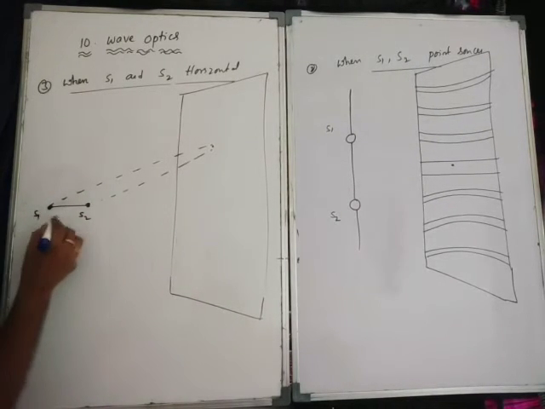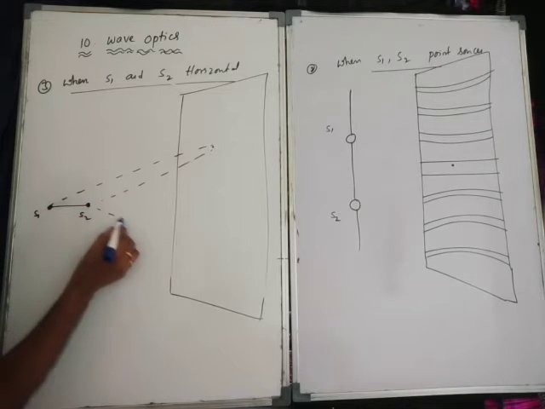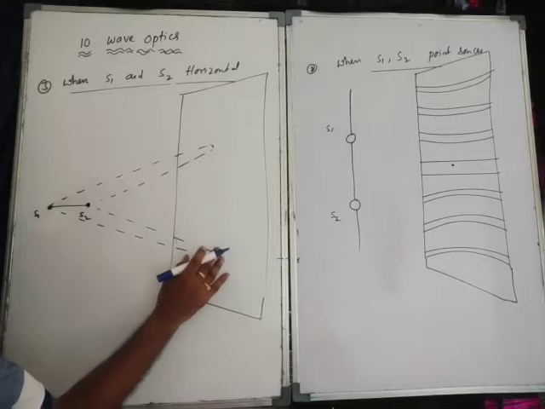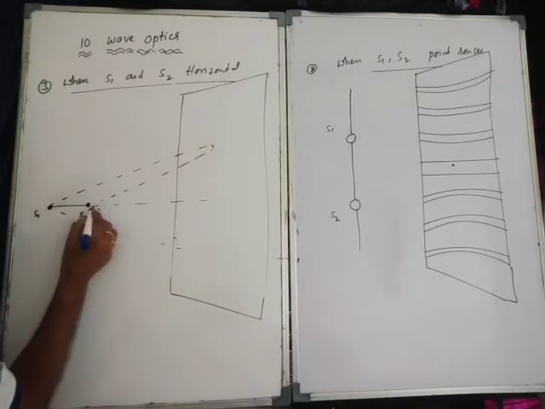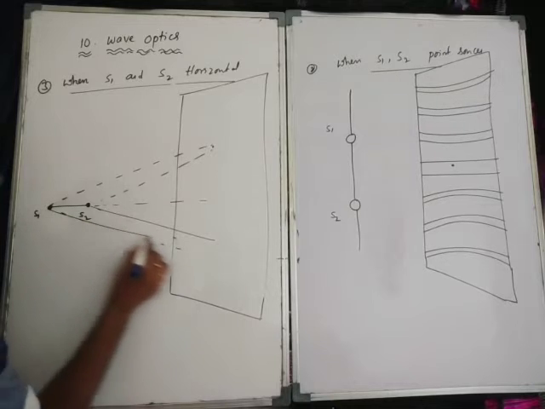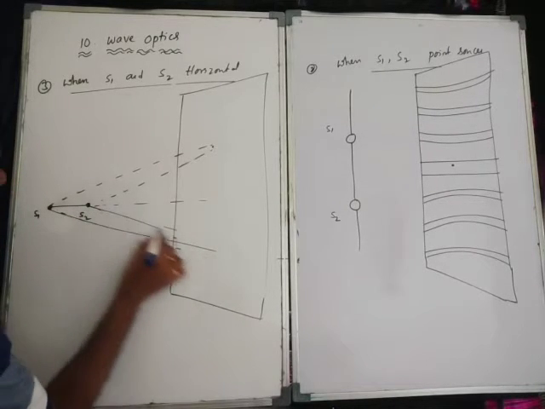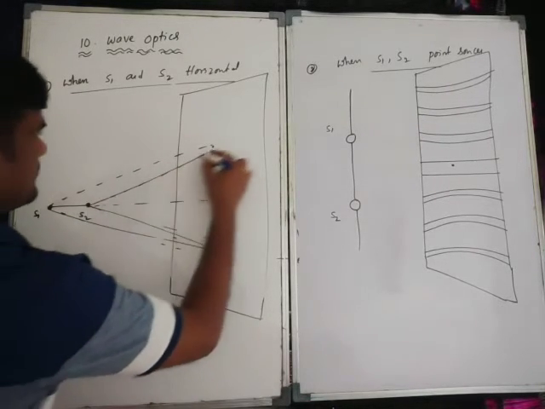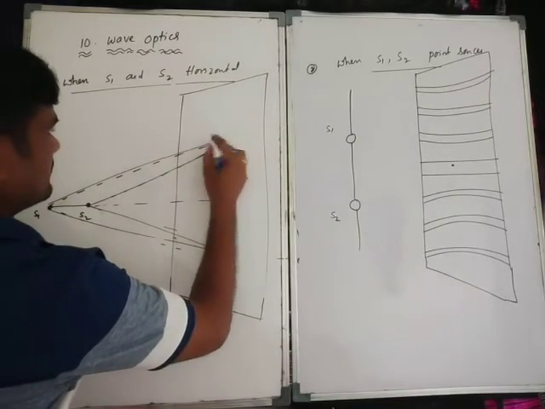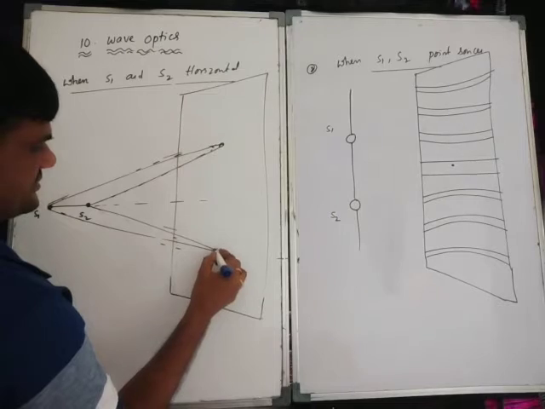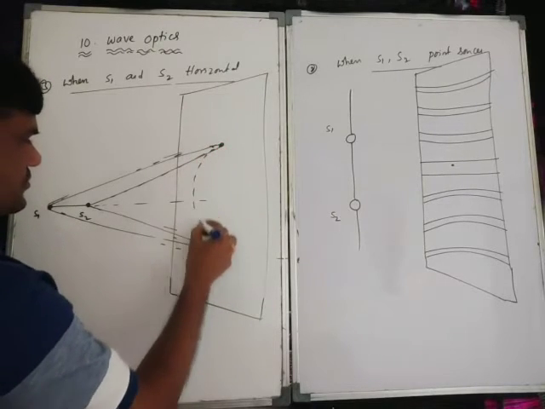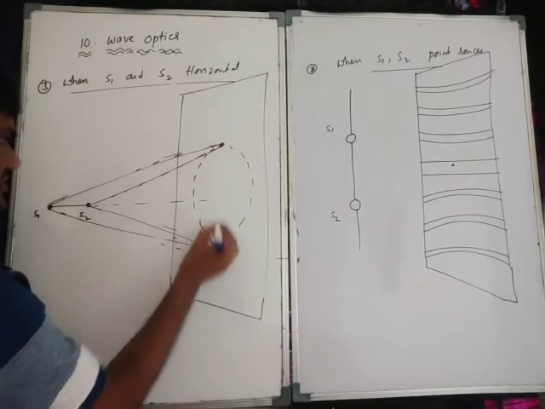This is horizontal. So light rays are moving in this direction. Is the central bright. So here, a circular shape.